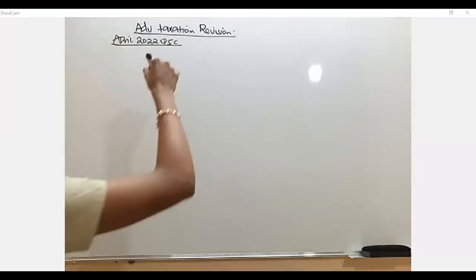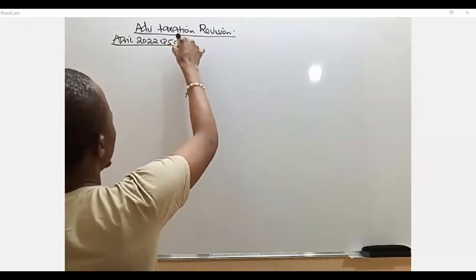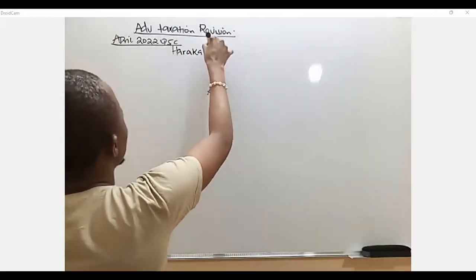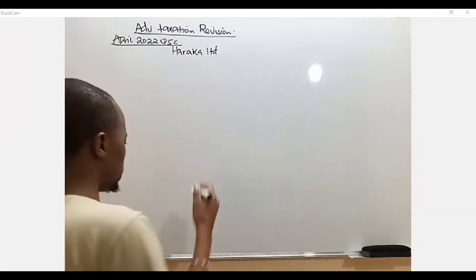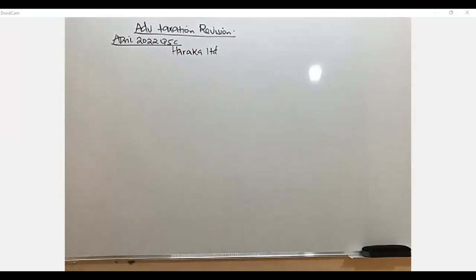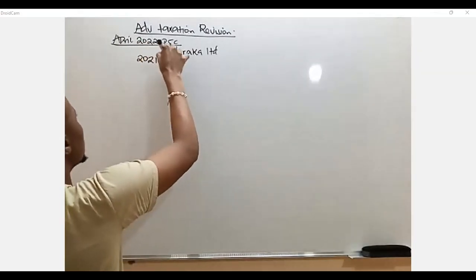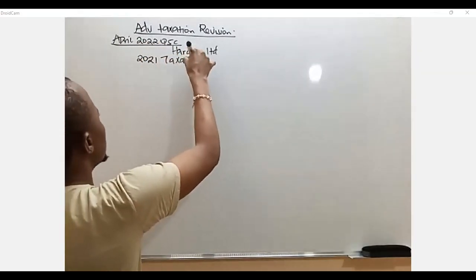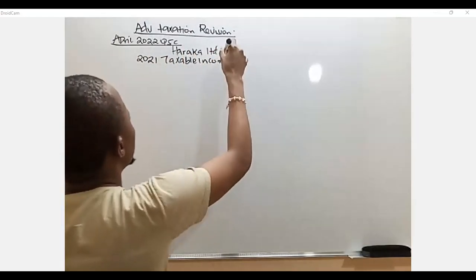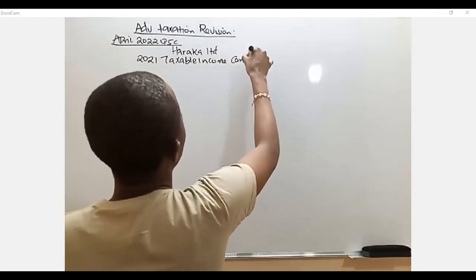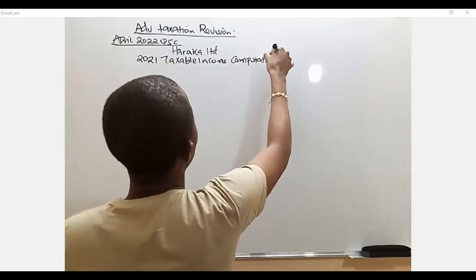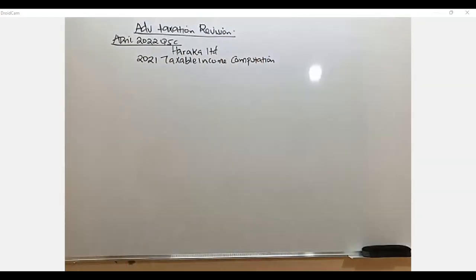We start with the company name, Haraka Limited. And you know the titles you write in caps, HARAKA LIMITED. We are discussing 2021 taxable income computation.